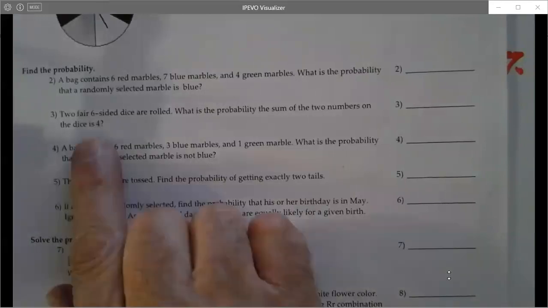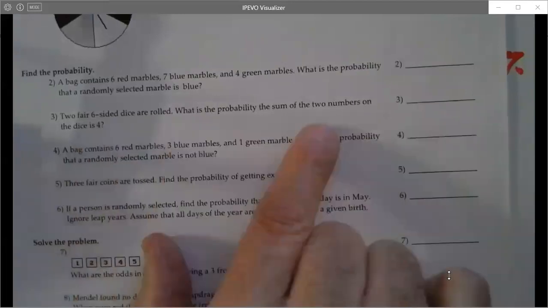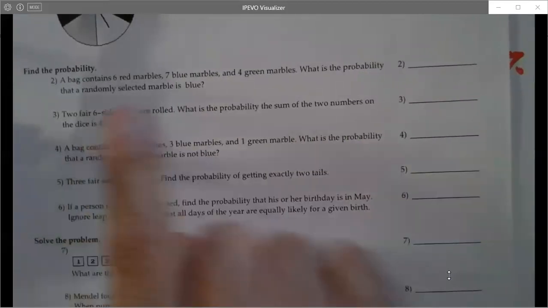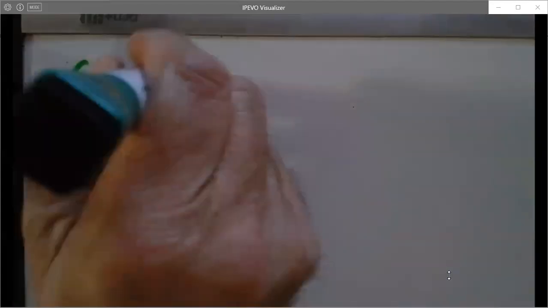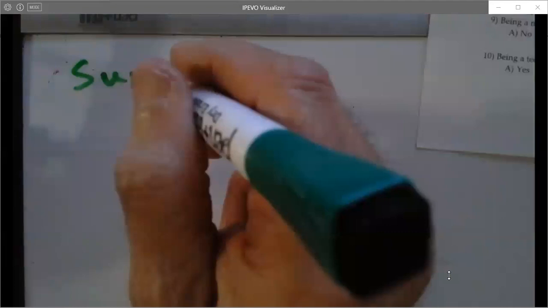How about number 3? 2 fair 6-sided dice are rolled. What is the probability that the sum of the 2 numbers on the dice is 4? Let's go over that. The sum equals 4.